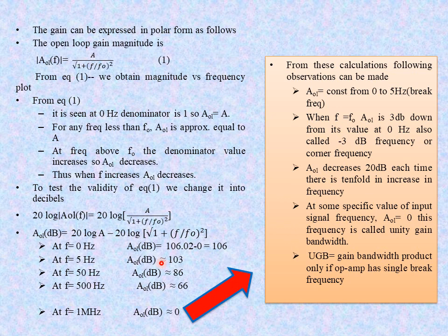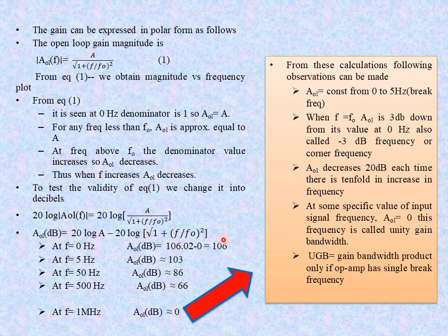Also it is observed that when F equals F0, the value of open loop gain is 3 decibels less. It is 106 here, it is 103 here. So this frequency value is also called minus 3 decibel frequency or corner frequency.